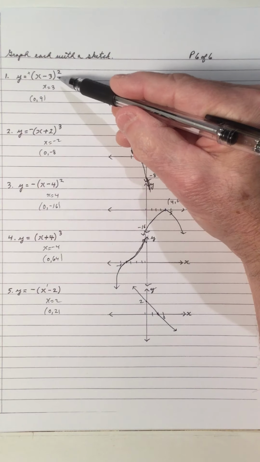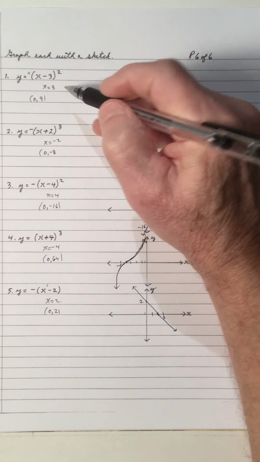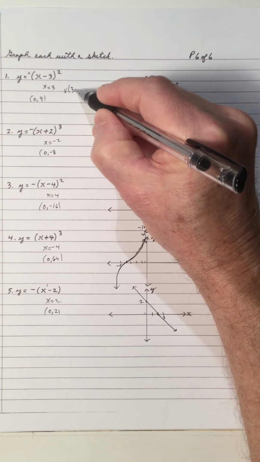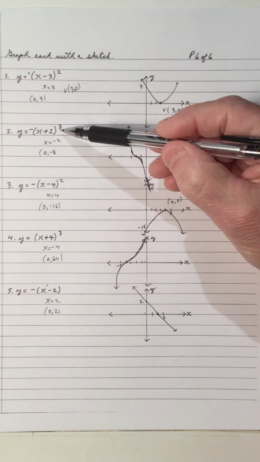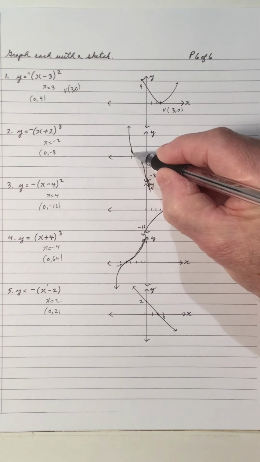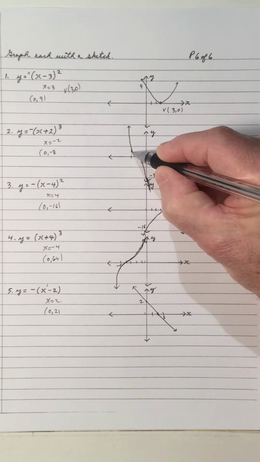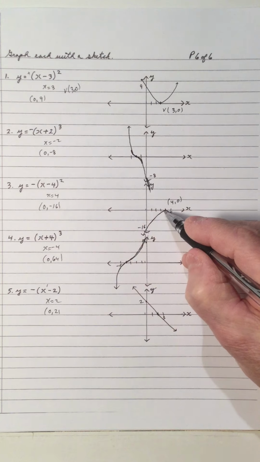Again, this is a quadratic parabola going upward. And the vertex is 3, 0. This is a sideways S, I call it, right at the intercept. You get this looping little, like this sideways. This is a parabola that opens downward at the 4.